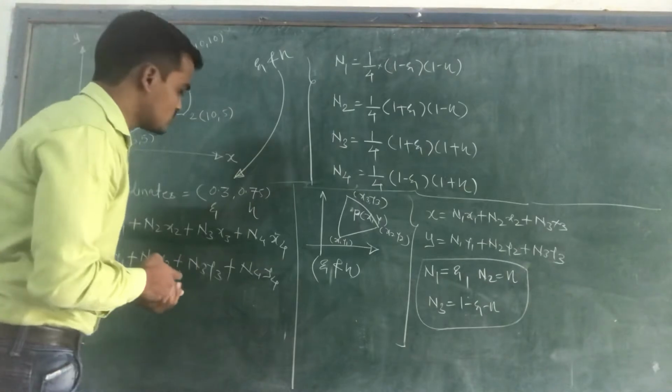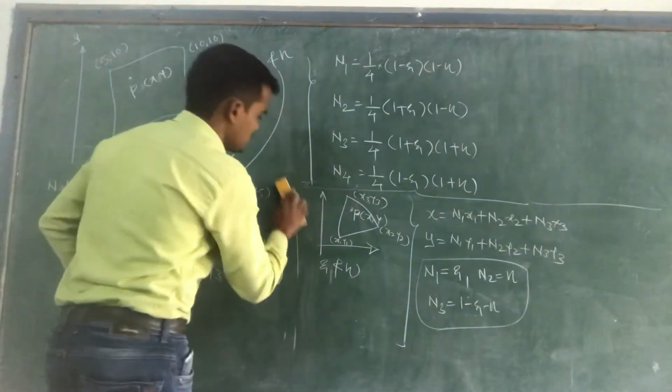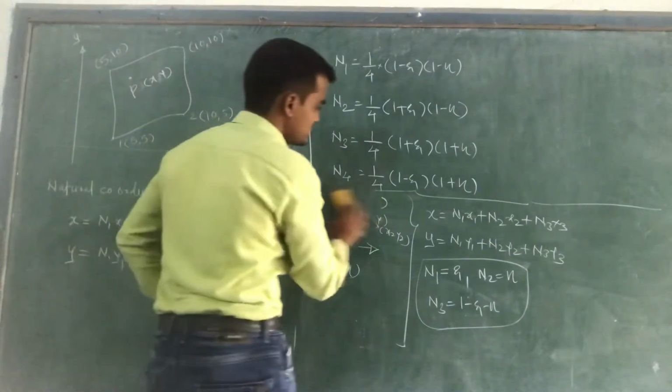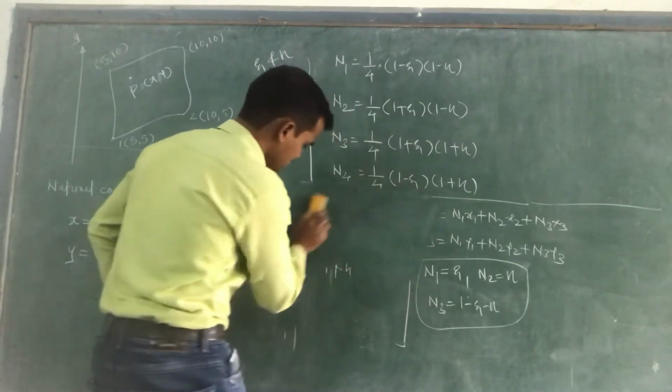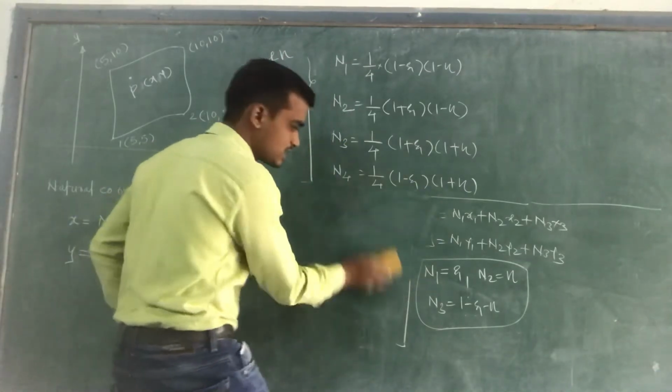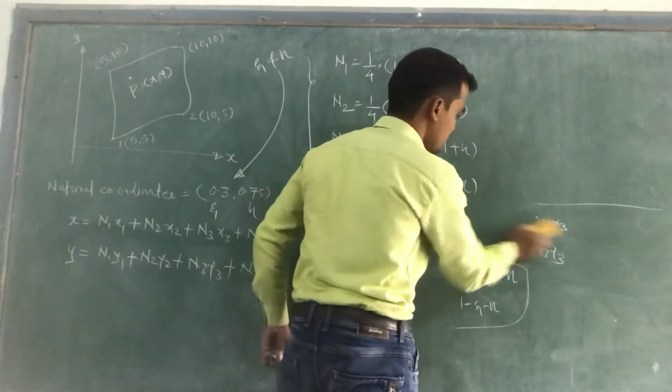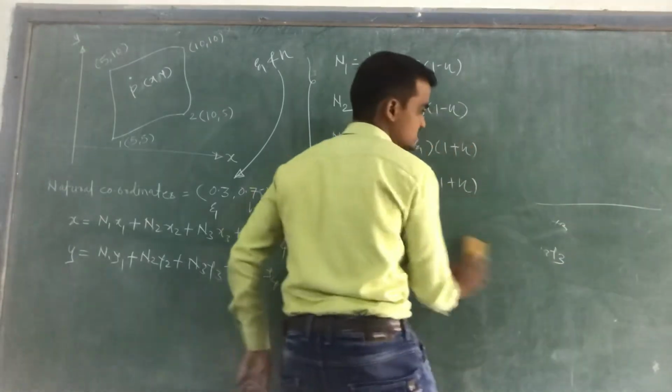Okay, so there are 2 categories. The first one is: find the global or Cartesian coordinates by using natural coordinates.